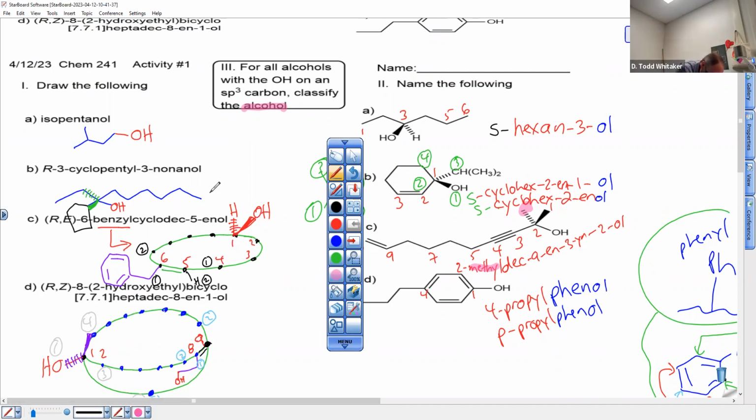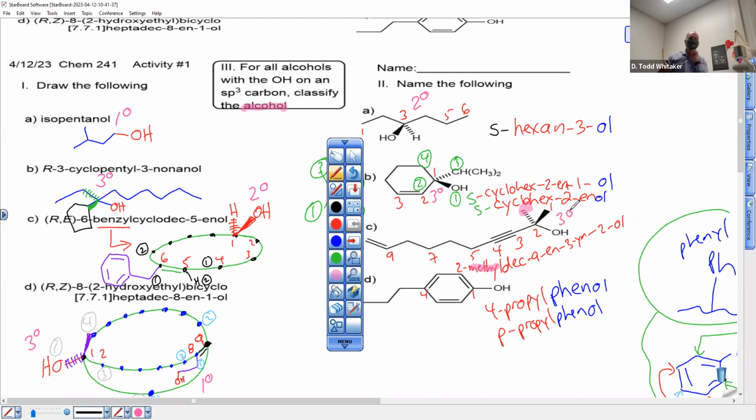Somebody said primary? Thought I heard primary there. This one's tertiary. Up here, secondary. Over here is primary. And over here is tertiary. Here's secondary, tertiary, and don't do the last one.